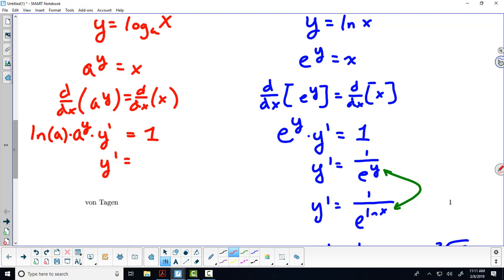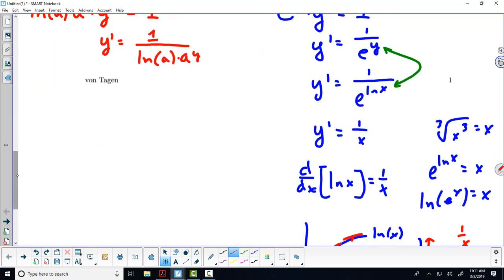We get y prime is equal to 1 divided by the natural log of A times A to the y. Am I done? Yeah, Justin said we got to substitute what y is currently taking the place of.